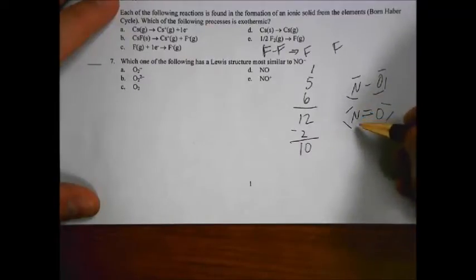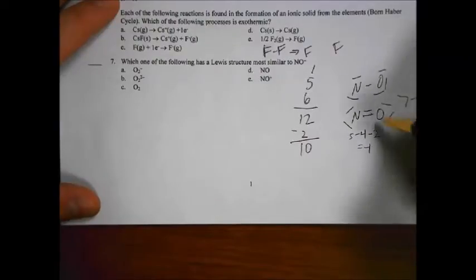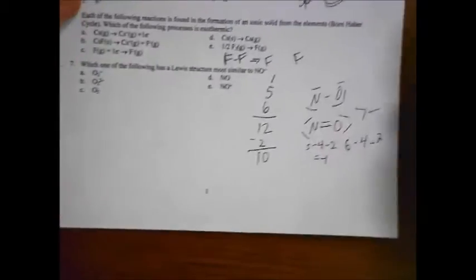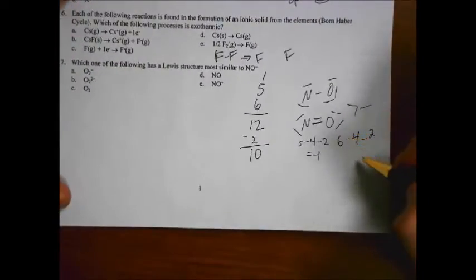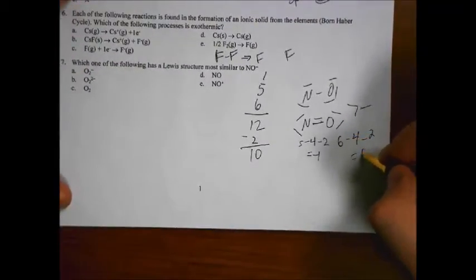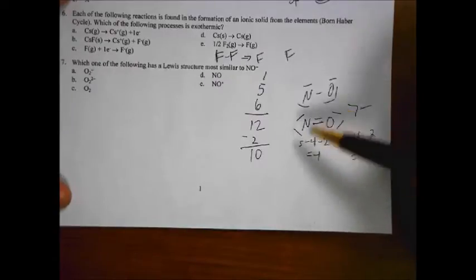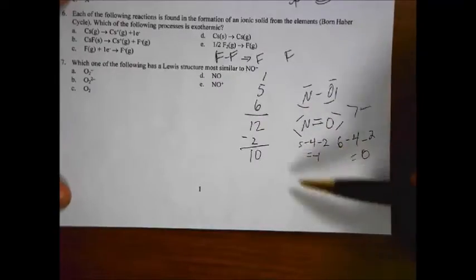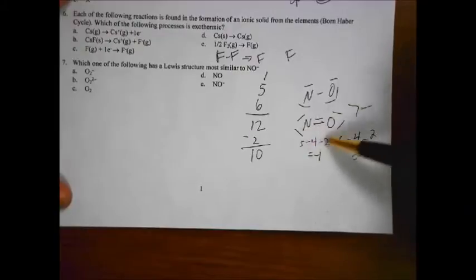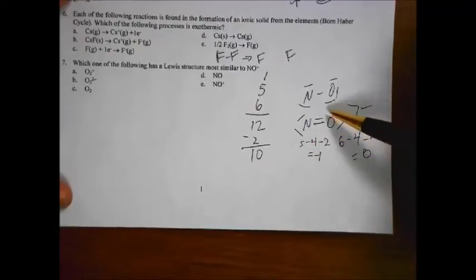If you count formal charges, this guy is going to be 5 minus 4 from the lone pairs minus 2, which gives you your -1. That explains the -1 charge. And here, this is going to be 6 minus 4 minus 2, which is equal to 0. In this case, there's no other way to write this structure.